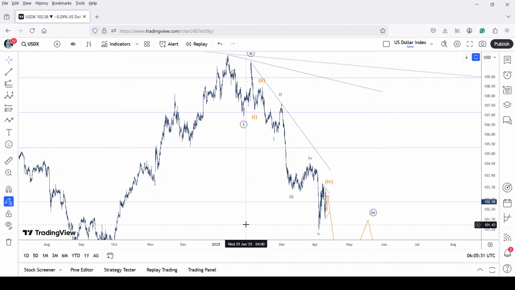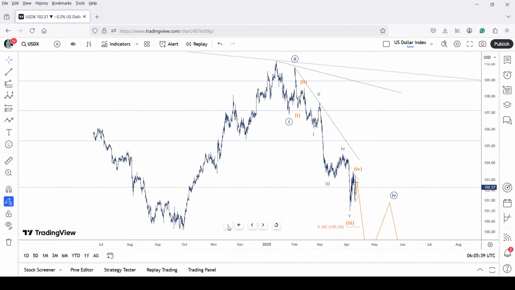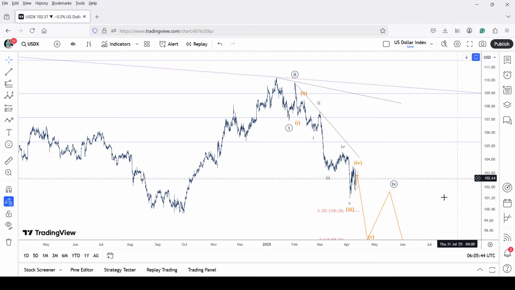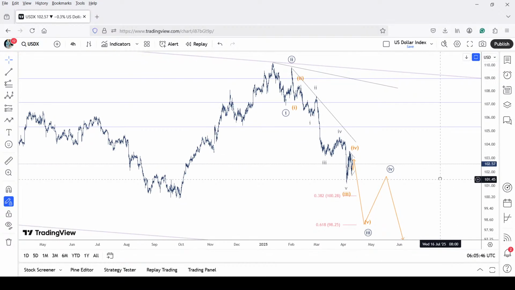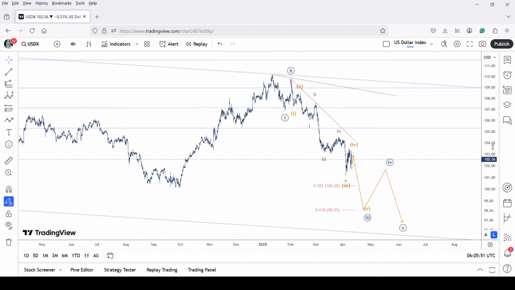Once again, as discussed in the previous session, we are still unfolding within a triangle. Here's the triangle structure.